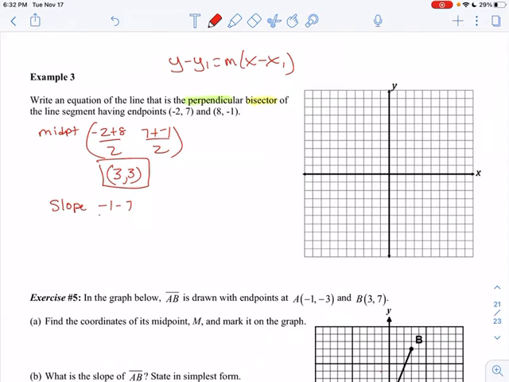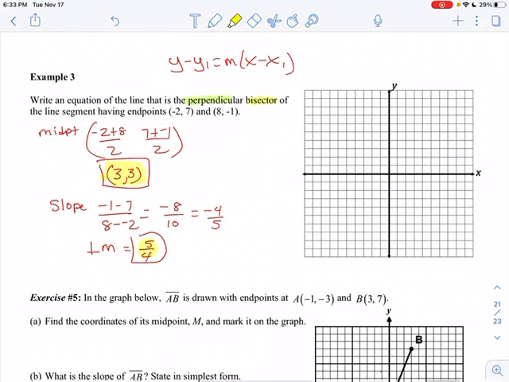So -1 minus 7 over 8 minus -2 is -8 over 10. Now let's reduce that. It is -4 over 5. Now that's not the slope I want. I want a perpendicular slope because remember this is a perpendicular bisector. So the perpendicular slope is, I flip it and I change the sign.